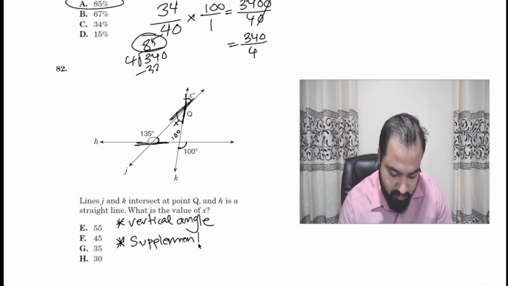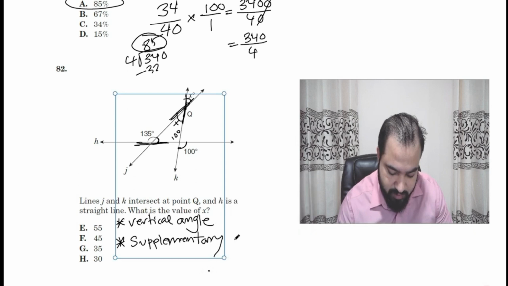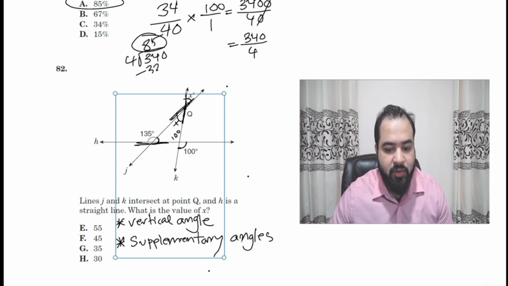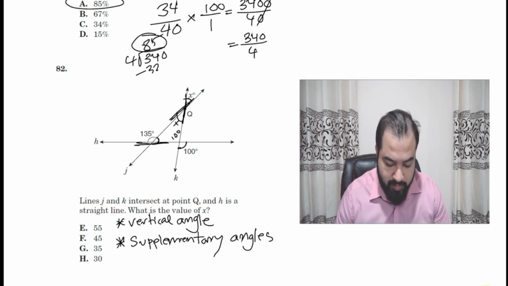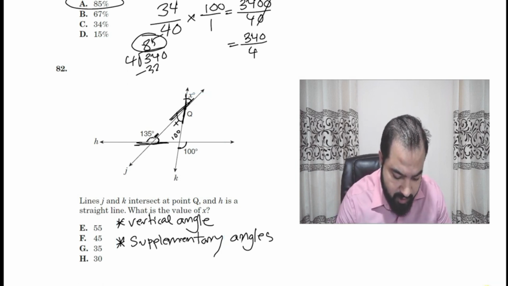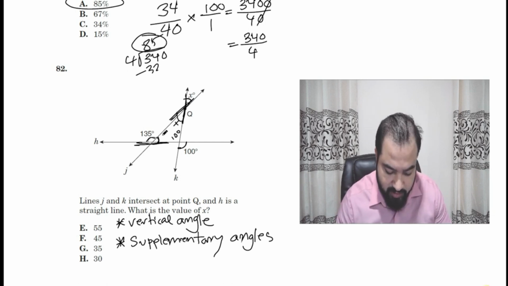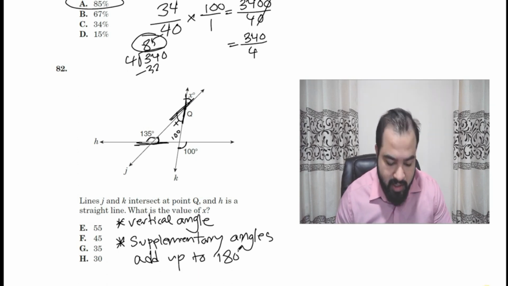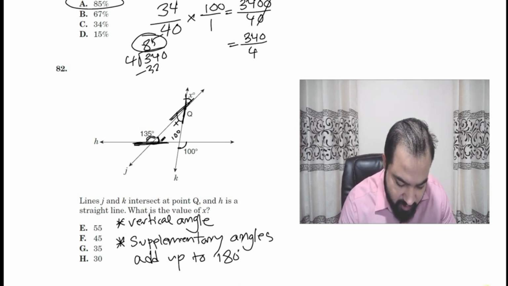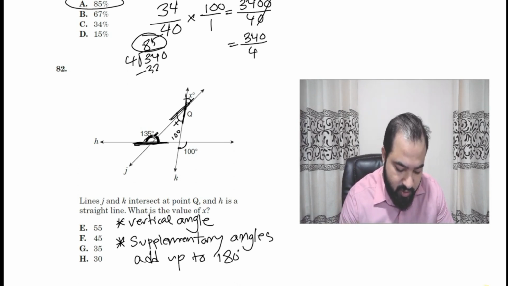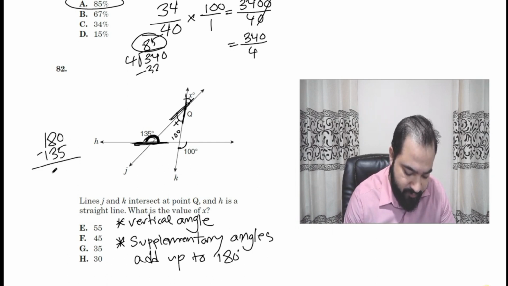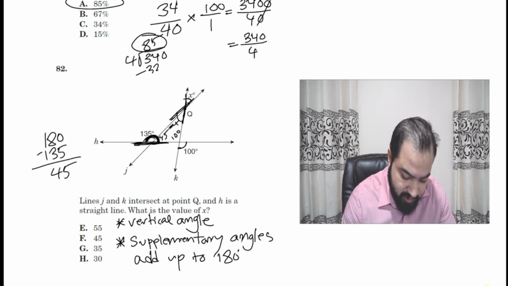Supplementary angles always add up to 180 degrees. Here we know the angle is 135, so we do 180 minus 135. We get 45. So this angle here is 45.